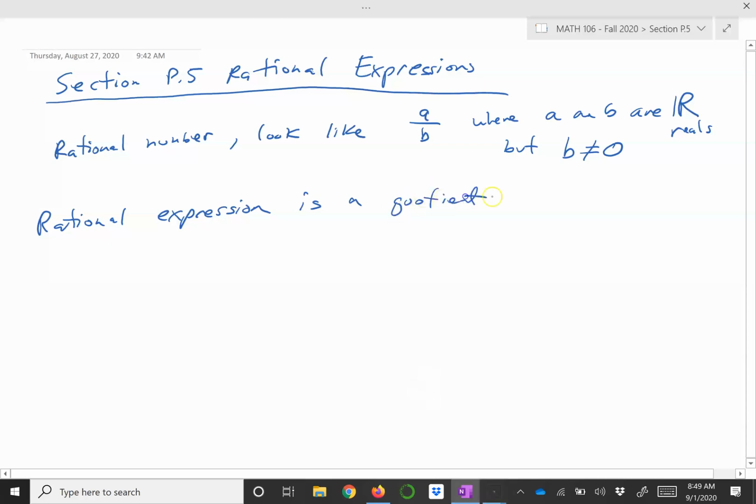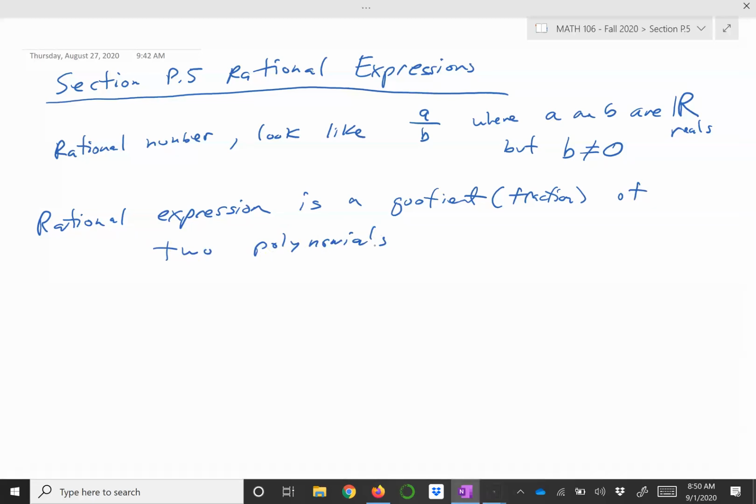So it just means fraction of two polynomials. So instead of having just numbers where you say A and B in that fraction, we're just going to have polynomials. All right? Pretty simple.